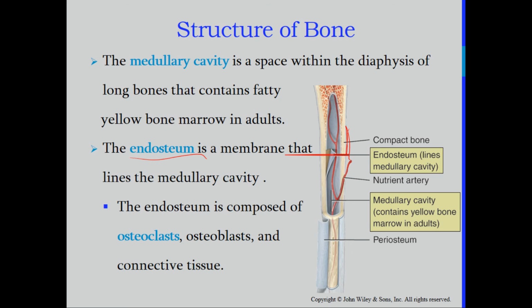The endosteum is going to be covering the inside of the bone. The endosteum is composed of osteoclasts, osteoblasts, and connective tissue. So the osteoblasts lay down new matrix, bone matrix. Osteoclasts eat the old bone matrix away.